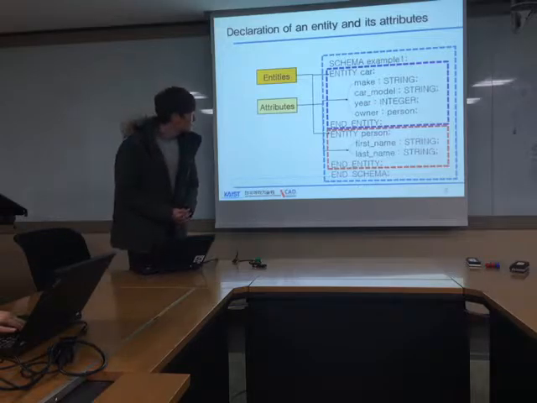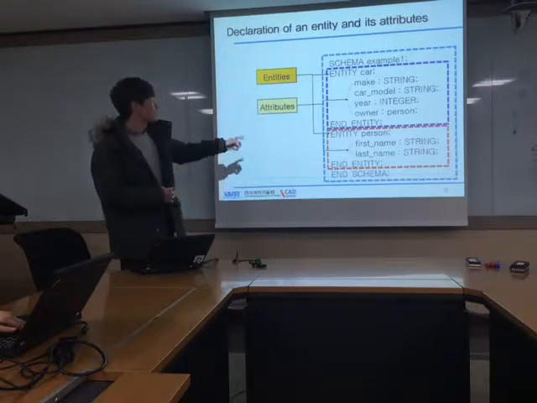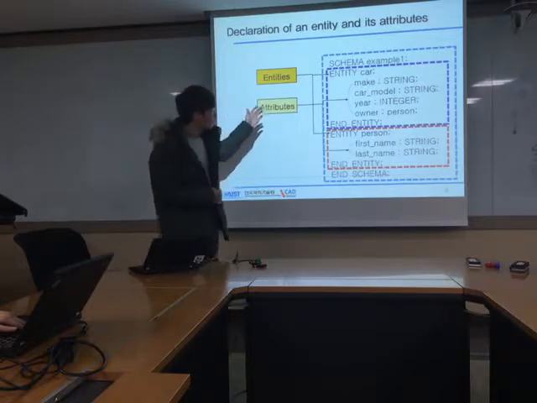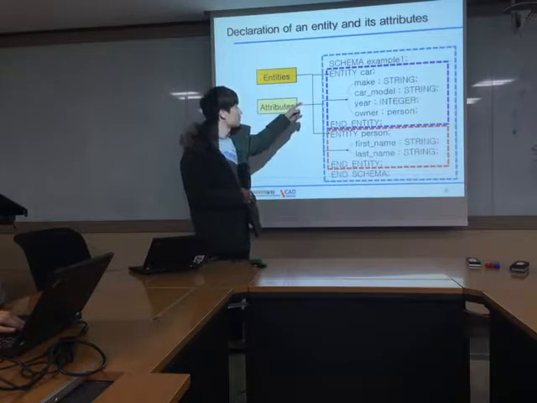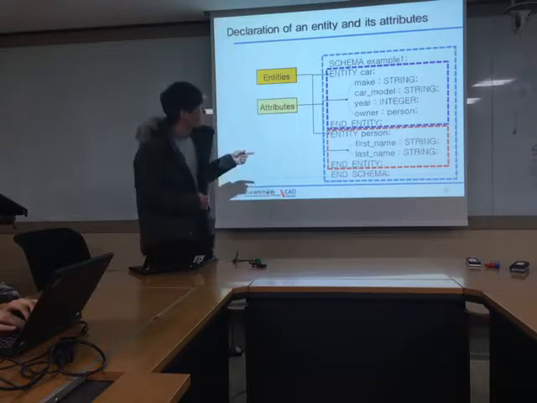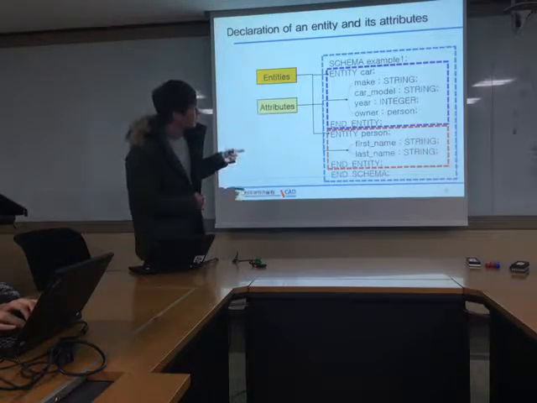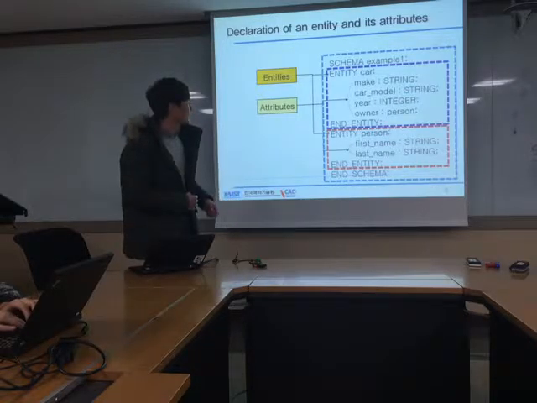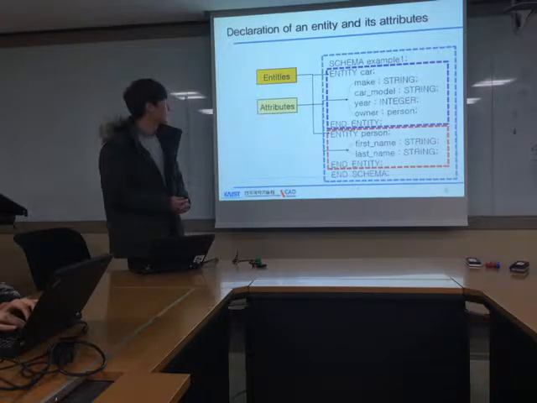You can see this picture. The name car is an entity, and there are make, car model, year, and owner, and they are attributes.